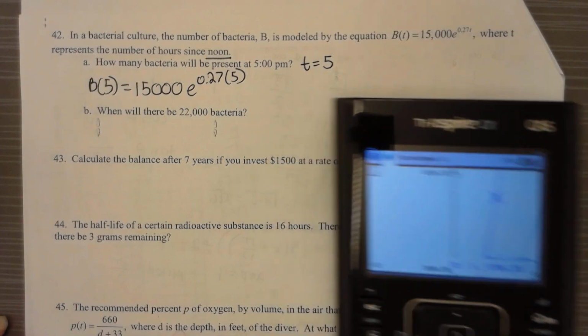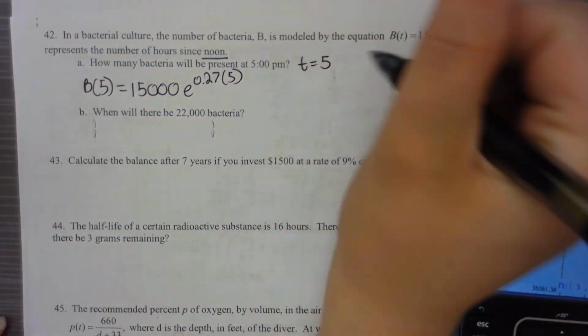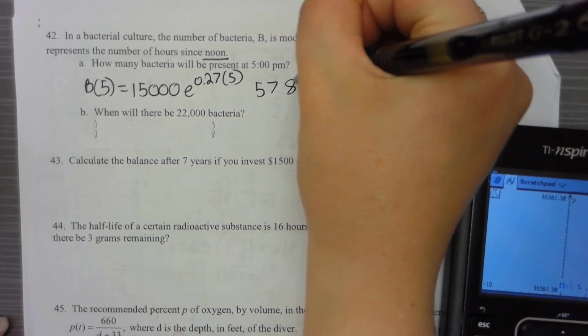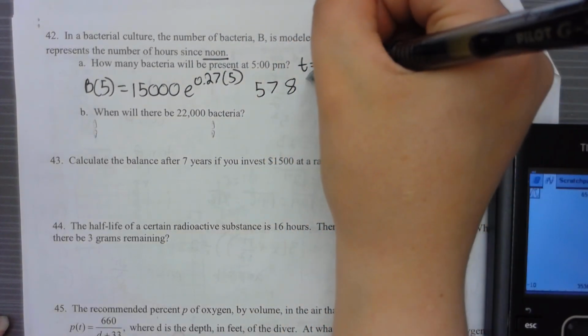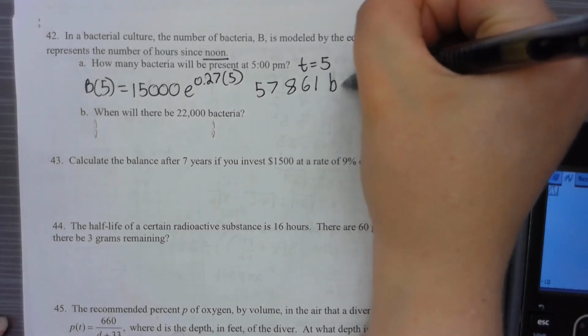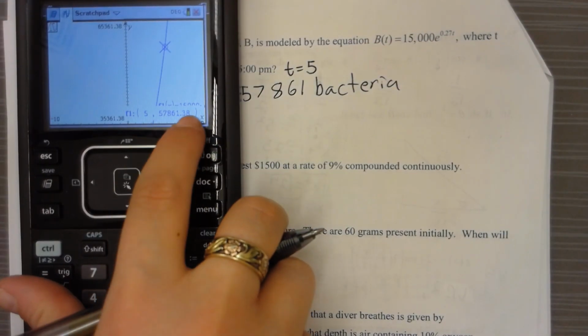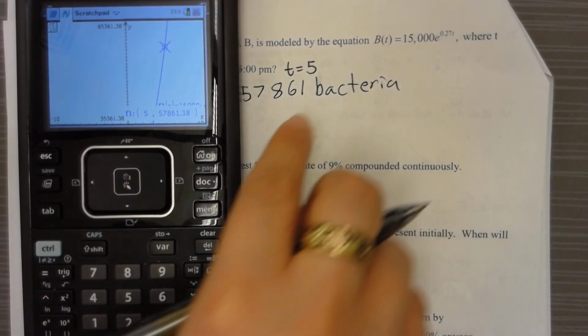Okay, and it should give us, again, we can't really have a portion of bacteria, so 57,861 bacteria. Again, that's coming, it's hard to see, from this graph right here.